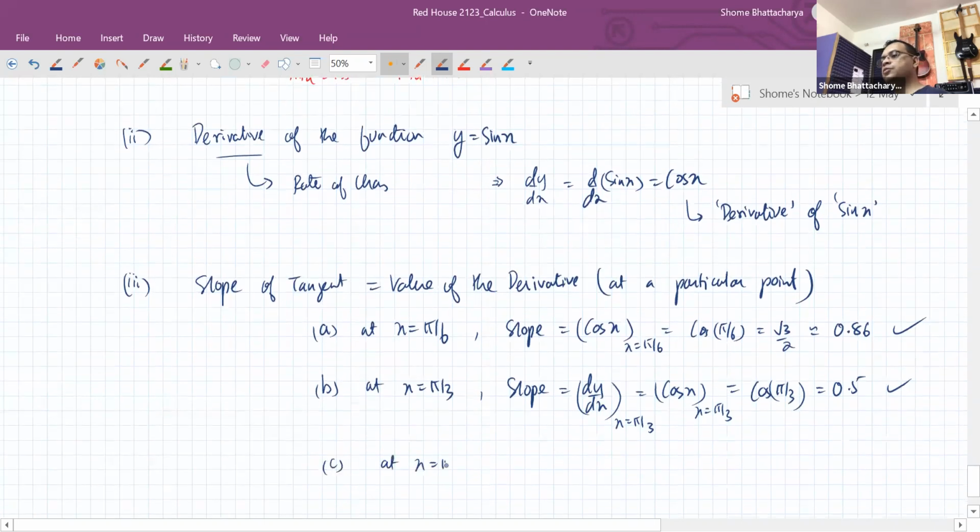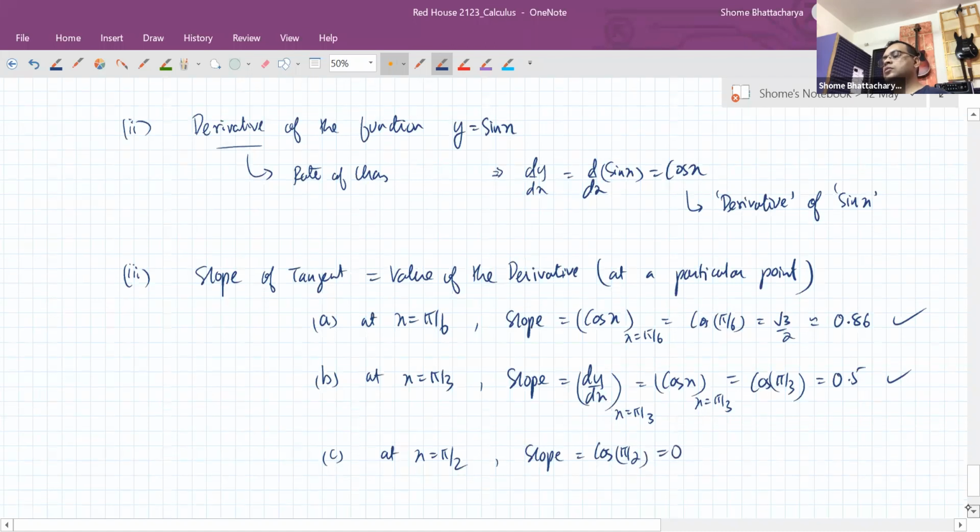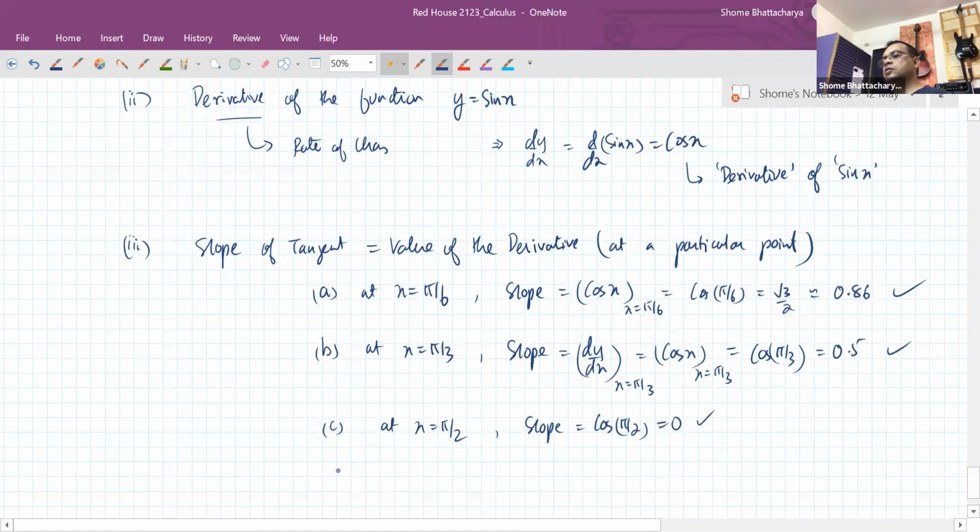At x equal to pi by 2, the slope will become cos pi by 2, which is 0. At x equal to 3 pi by 4, the slope of the tangent will be cos 3 pi by 4, which is minus cos pi by 4.